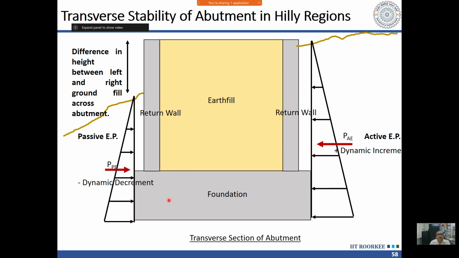Another issue which we came across in designing bridges in hilly areas is the stability of the abutment in the transverse direction. So far we are considering the stability of the abutment in the longitudinal direction, but it is possible in hilly areas that on one side the abutment is retaining soil to a larger height than on the other side, because it is located on a slope, and the slope can be in both directions, in the longitudinal direction as well as in the transverse direction.